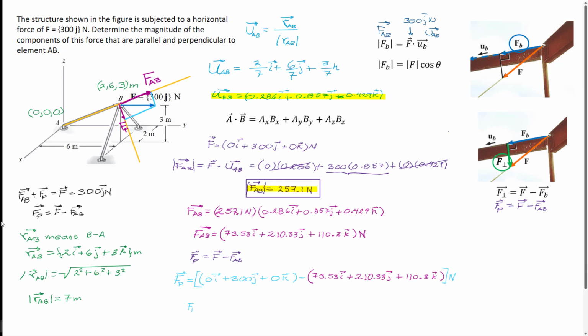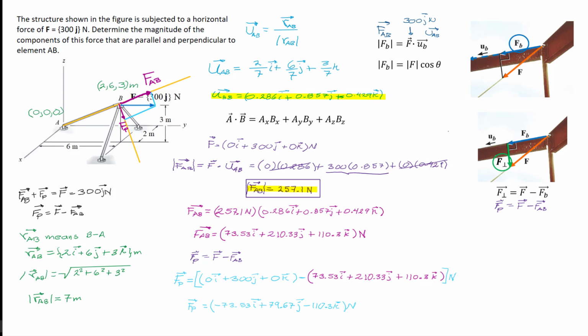FP is equal to 0 minus 73.53 i, 300 minus 210.33 is positive 89.67 j. Finally, minus 10.3 k newtons.